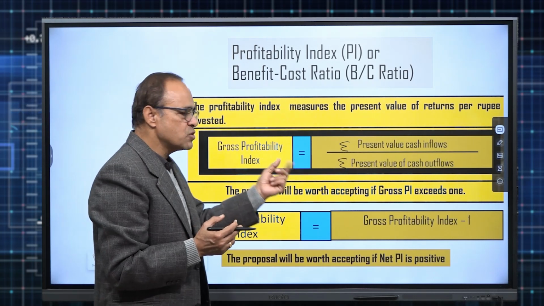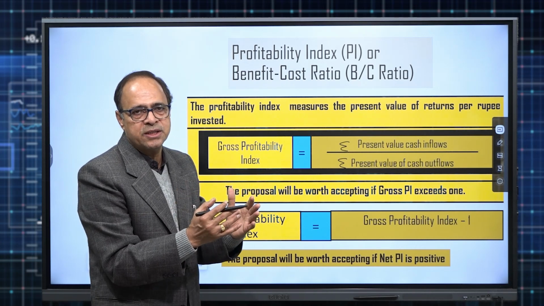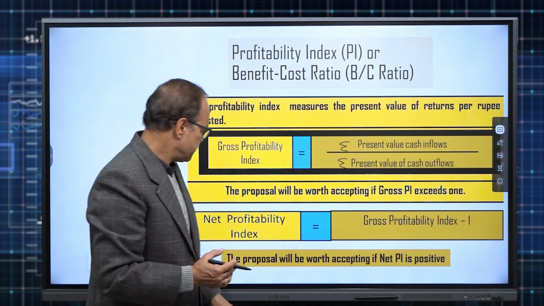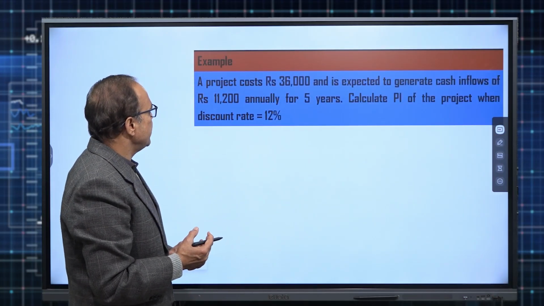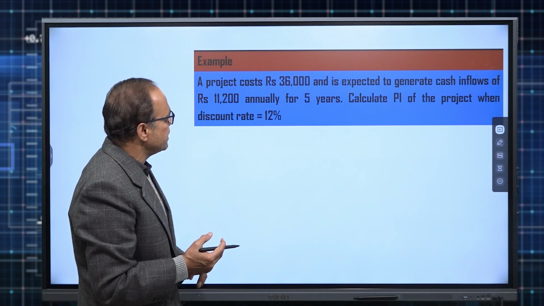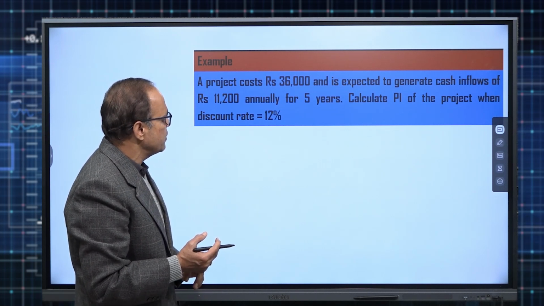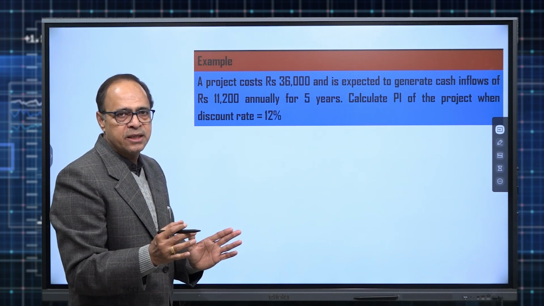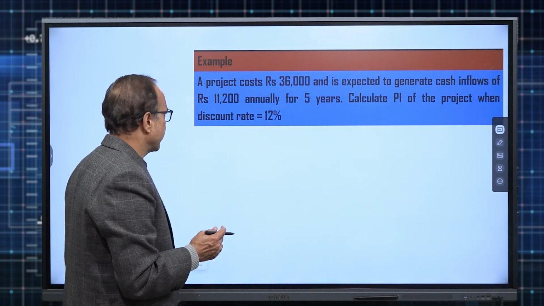So we will practice one small numerical on that, and that will complete the course in this particular session, and the next session will be devoted to the IRR method. So what we are given: a project costs 36,000 and is expected to generate cash inflow of 11,200 annually for 5 years. Calculate profitability index. It is the same numerical. We calculated NPV. Now how do we calculate profitability index?